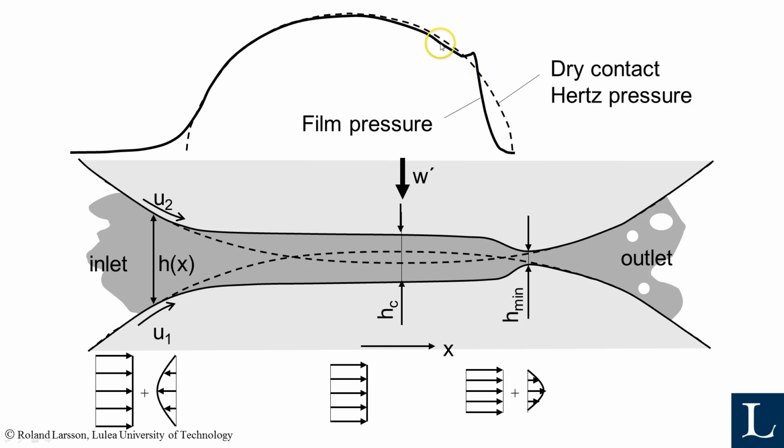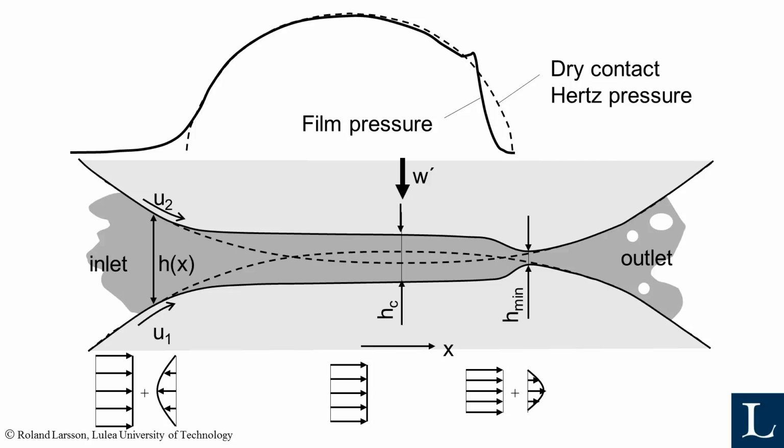So this typical feature of an EHL pressure distribution must be there in order to provide the good film shape, film profile. So this is an act of the laws of nature.